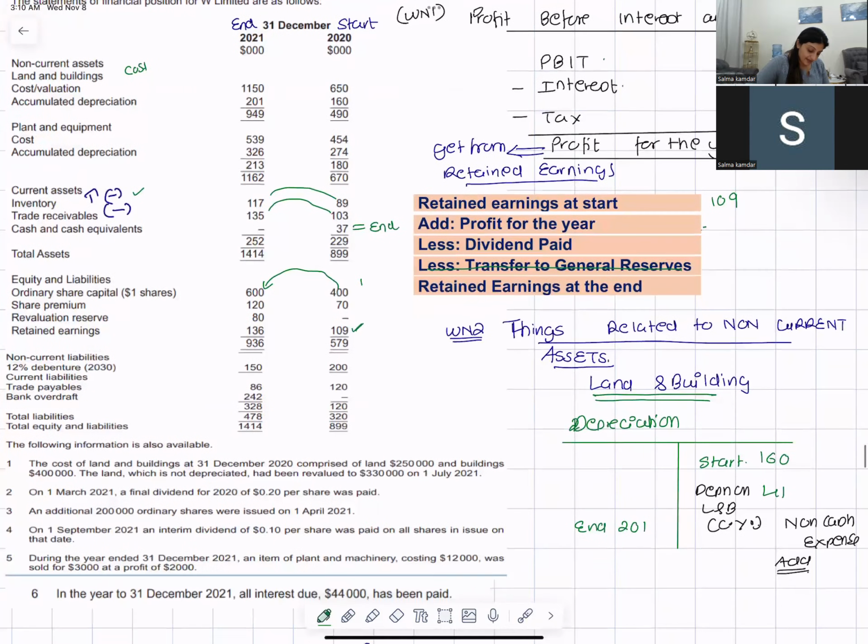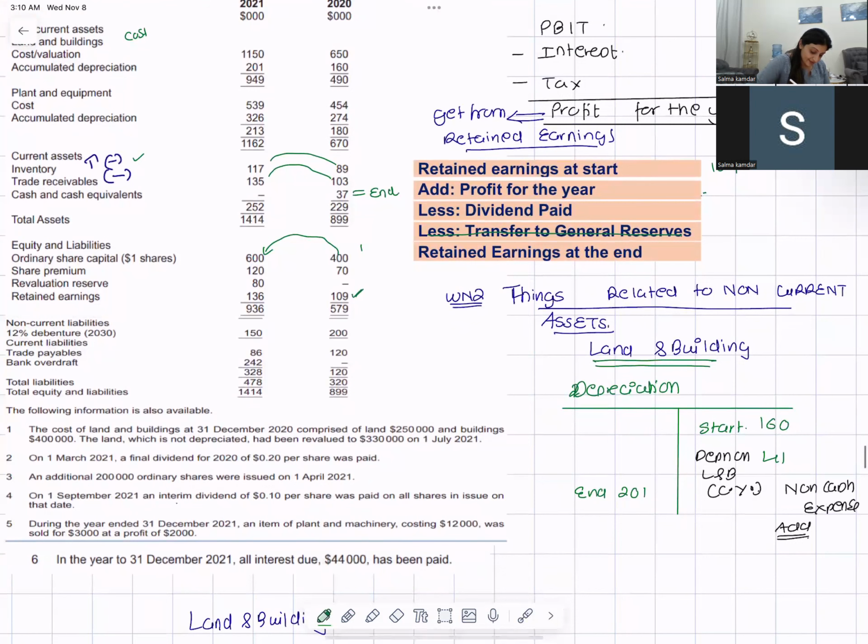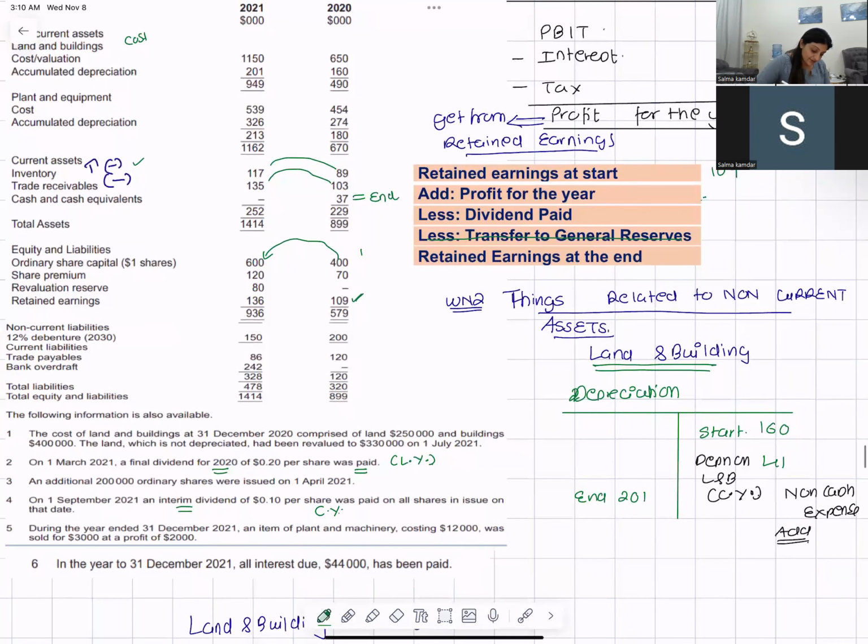Minus dividend paid. If you see over here, you have an interim dividend that is paid and a final dividend that is paid. Final dividend is always for the last year. An interim dividend is always for the current year. That means your final dividend would be paid for the last year, so it will be paid on 400,000 shares.